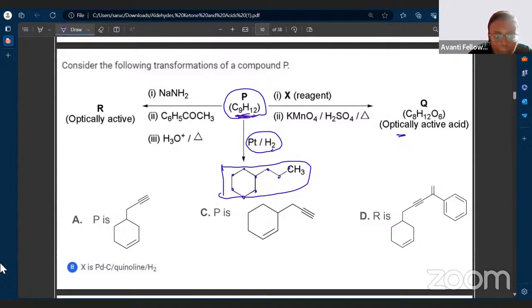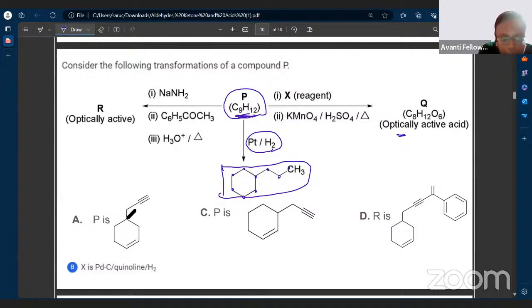See, T is given in option A and in option C. You have to find out which is going to be right. You have a double bond at the same position.